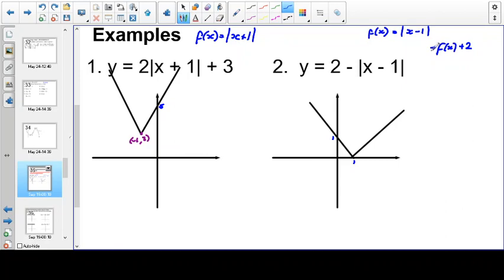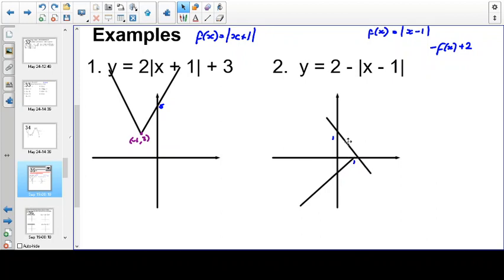So BIDMAS, do the multiplication first. That's the reflection happening first. So that's actually a reflection in the x-axis. So that needs to reflect in the x-axis. So that's now going to look like that.